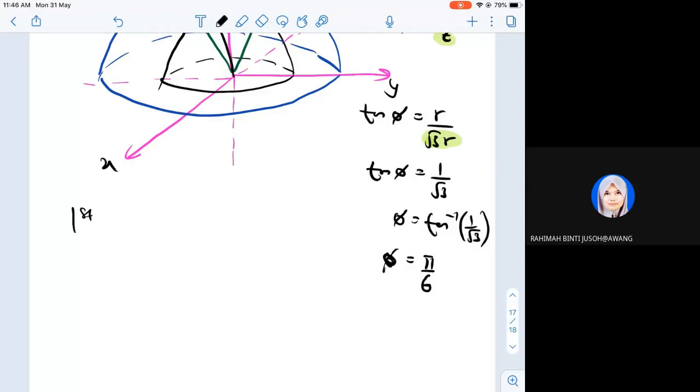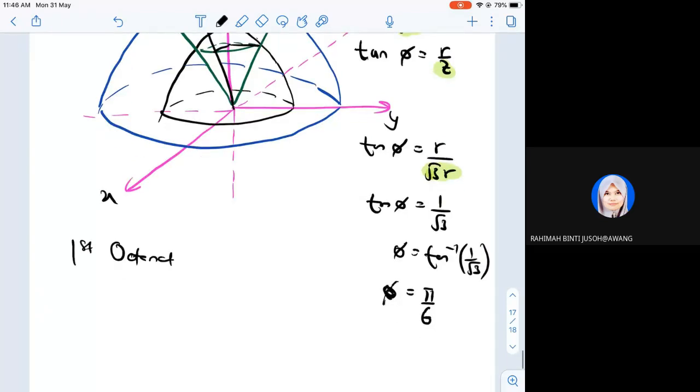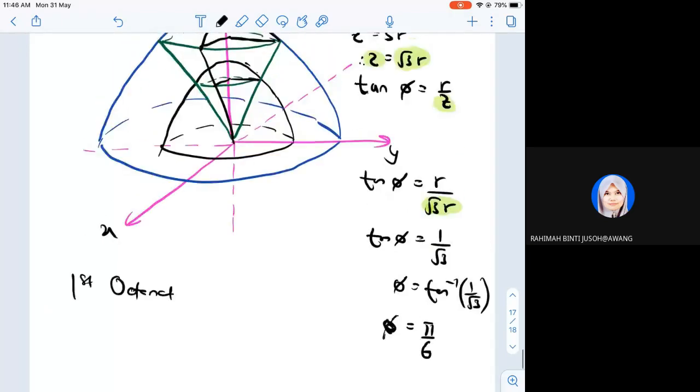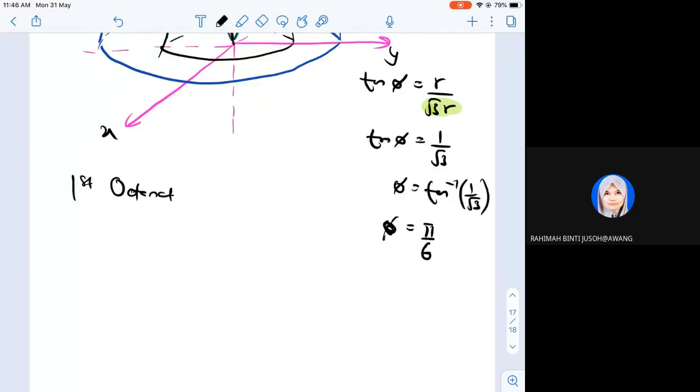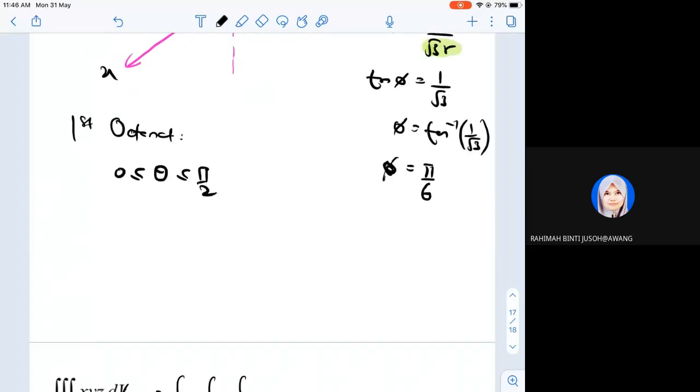So bila first octant, automatically kita punya region adalah yang sebelah sini sahaja, yang first octant ni. So our theta adalah from 0 until pi over 2 sahajalah guys. Sebab kita punya region R bila first octant tu dia akan jadi macam ni je kan. So theta from 0 until pi over 2.